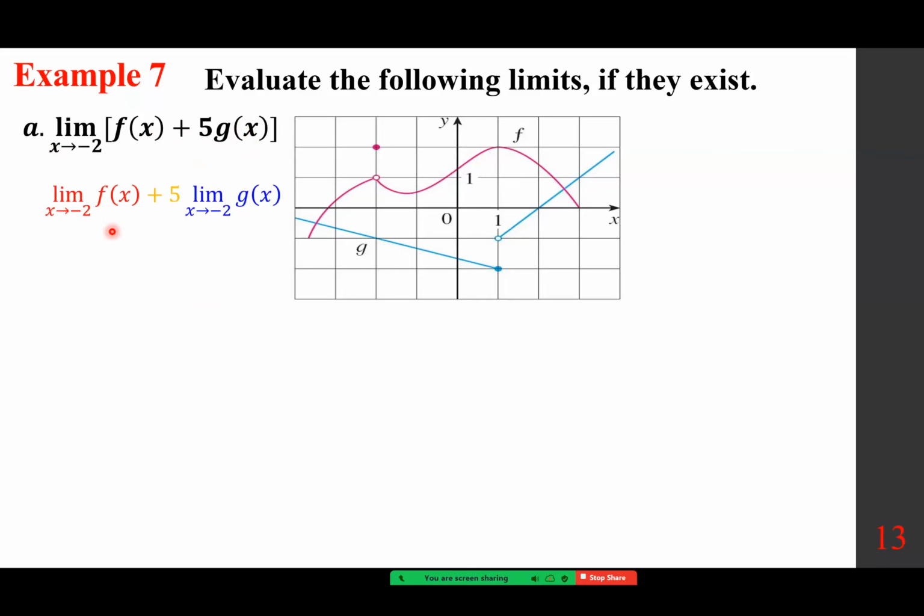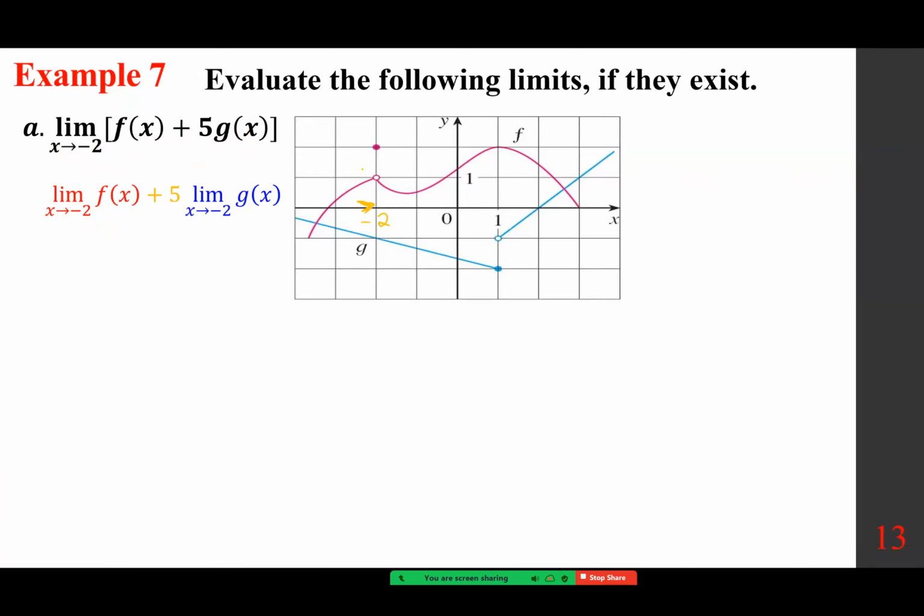Can anybody tell us what is this? What is the limit of f of x as x approaches -2? Anyone? 1. Beautiful, beautiful. So here's number -2 along the x-axis.